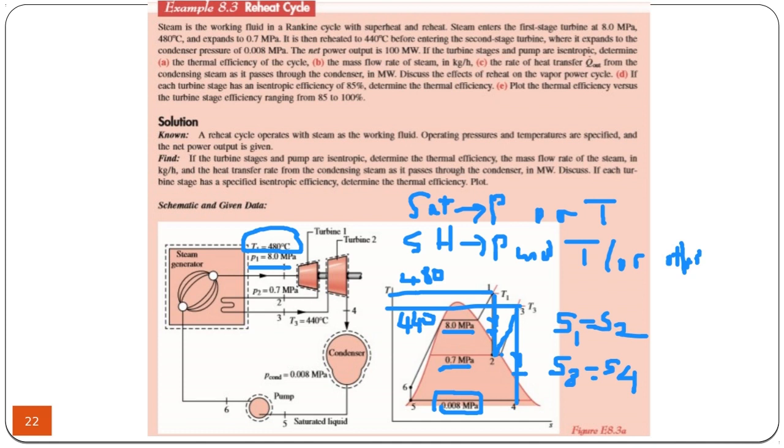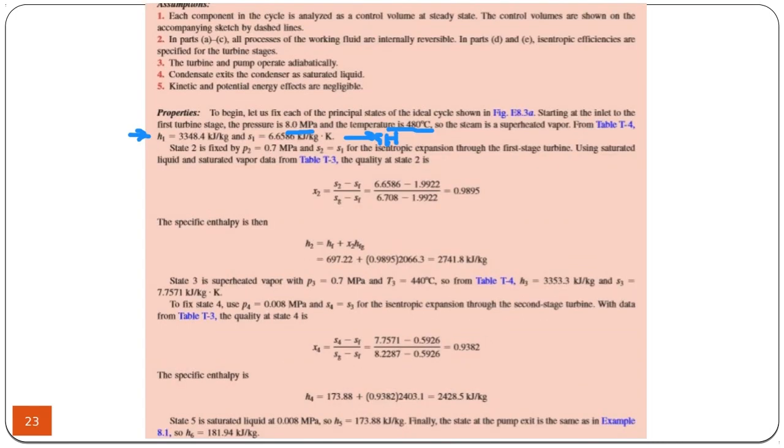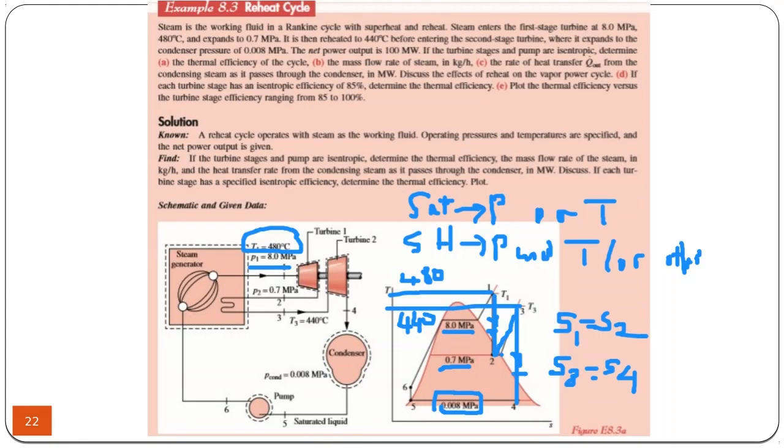So we have to find the quality of the first turbine exit first. The first turbine exit quality is 98%, 99%. It's almost dry, but we will use this quality. By using this quality at the exit of the first turbine, the turbine exit entropy is found to be 2743.